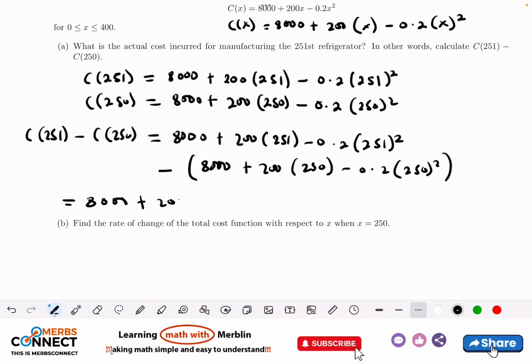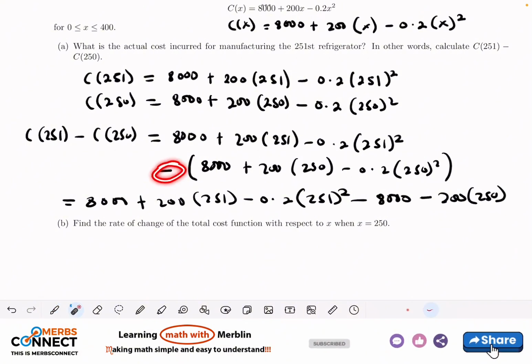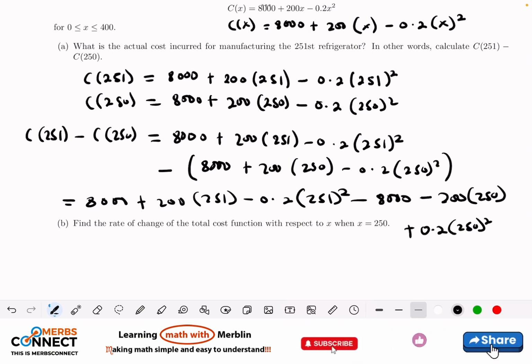When I simplify, I'm going to have 8,000 plus 200 times 251 minus 0.2 times 251 squared, minus, and when I multiply the minus through the parentheses, everything here will change. So I'm going to have minus 8,000, then the minus times this one gives us minus 200 times 250, then the minus times this minus gives us plus 0.2 times 250 squared.